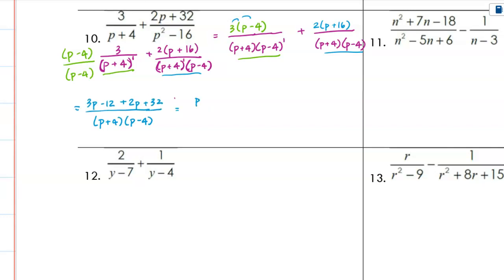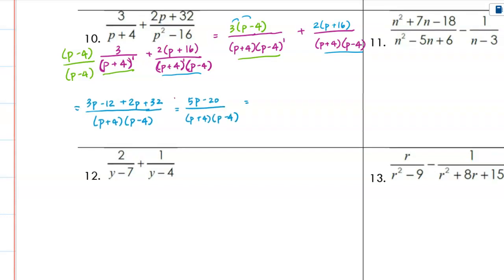So I end up with a p, and then a minus, is it a 20? Oh, I'm sorry, it's 5p. Not the same thing, wrong. p plus 4, p minus 4.